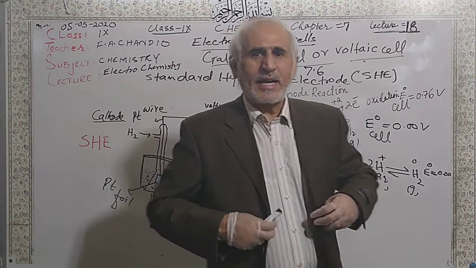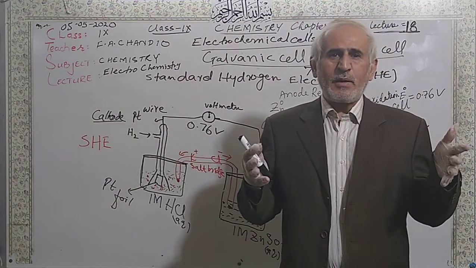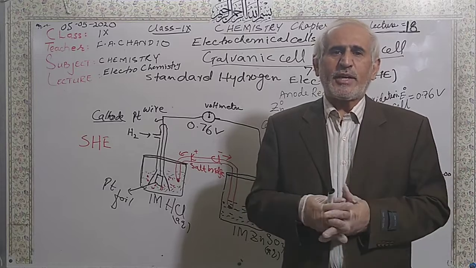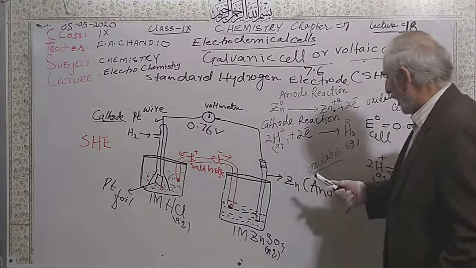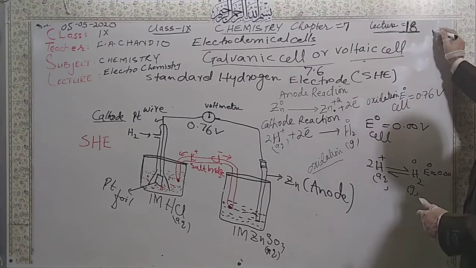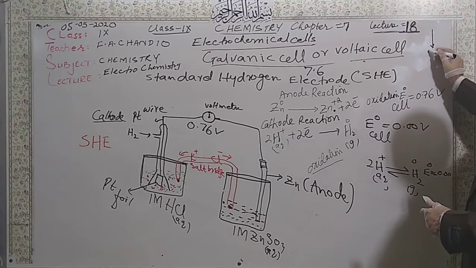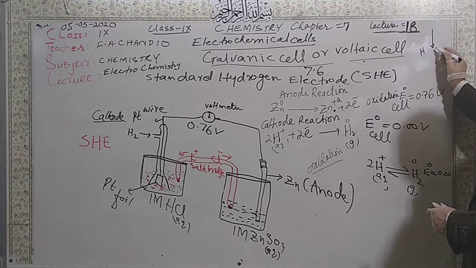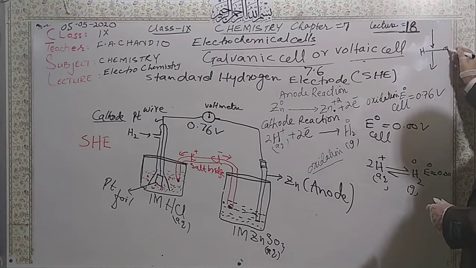Now the conclusion is, what's the benefit of the standard hydrogen electrode? Here is hydrogen, so it gives a 0 value here.